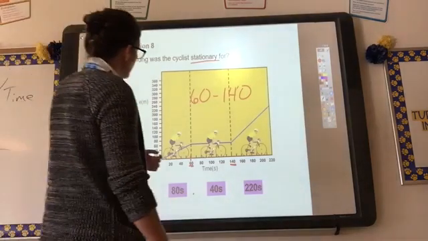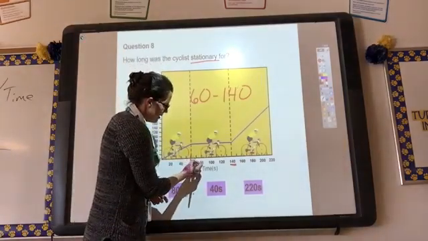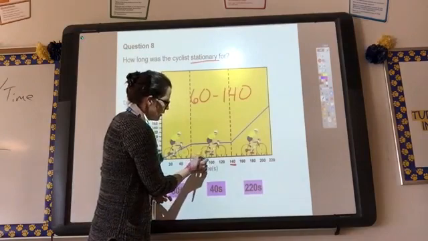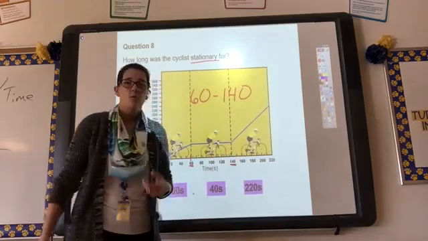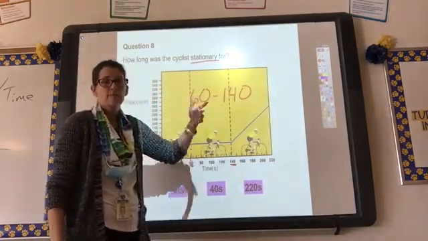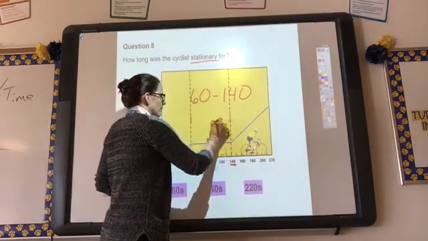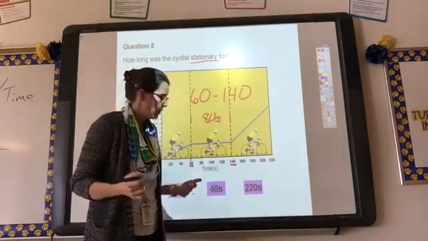So if we counted right here, you could just count. It looks like there's 10 seconds in between each one of these lines right here. We could say 10, 20, 30, 40, 50, 60, 70, 80 seconds, or we could do the math on it. 140 minus 60 is 80. So the time in between here and here, 80 seconds, okay?